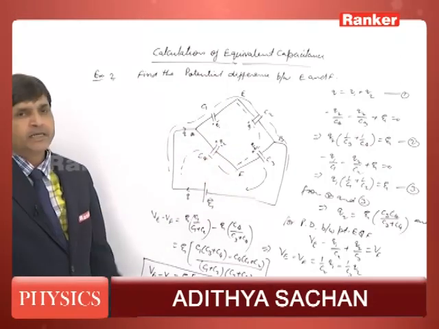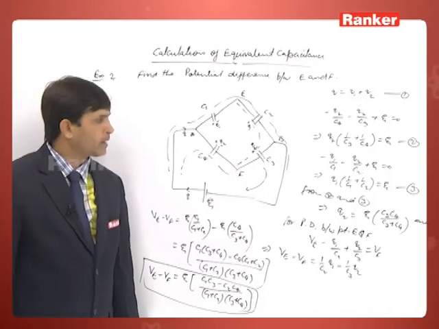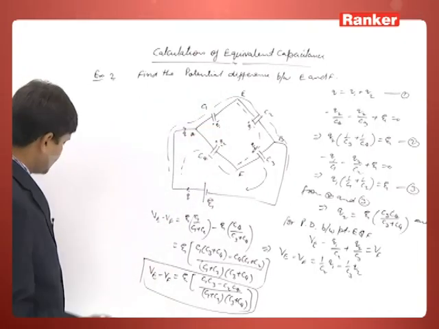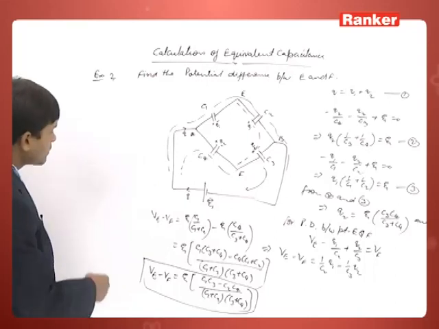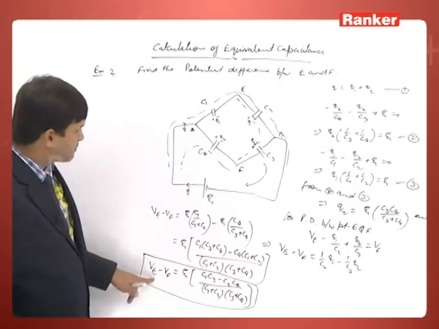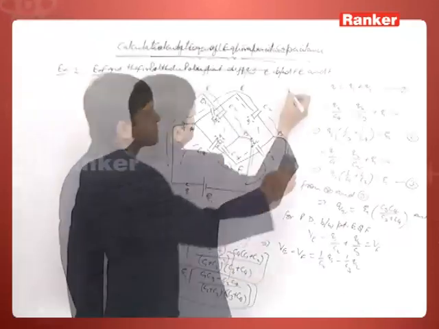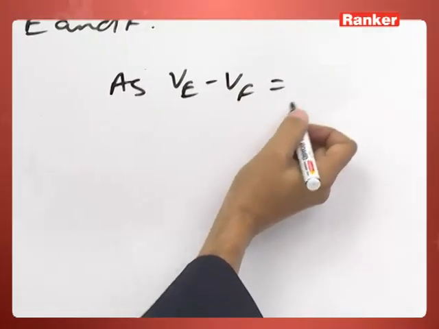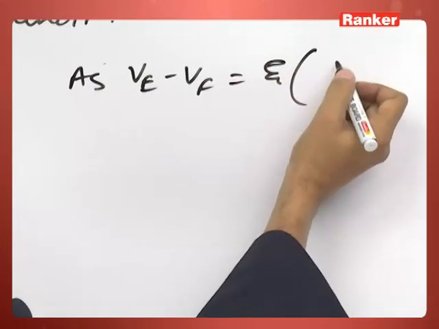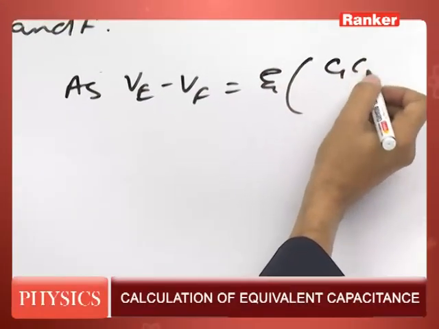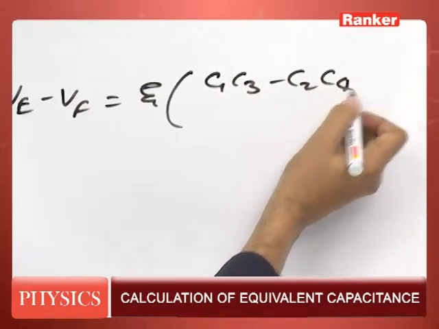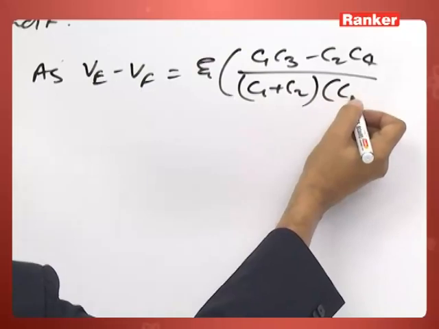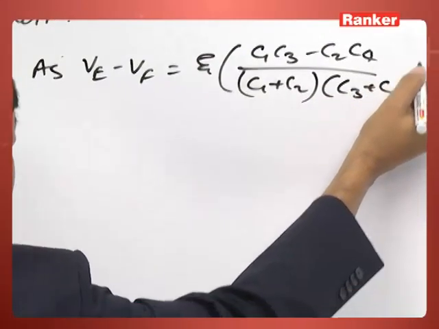What is the condition for E and F to be at the same potential? See, after knowing the potential difference between the E and F point, VE minus VF is given as E times (C1 C3 minus C2 C4) by (C1 plus C2) into (C3 plus C4).